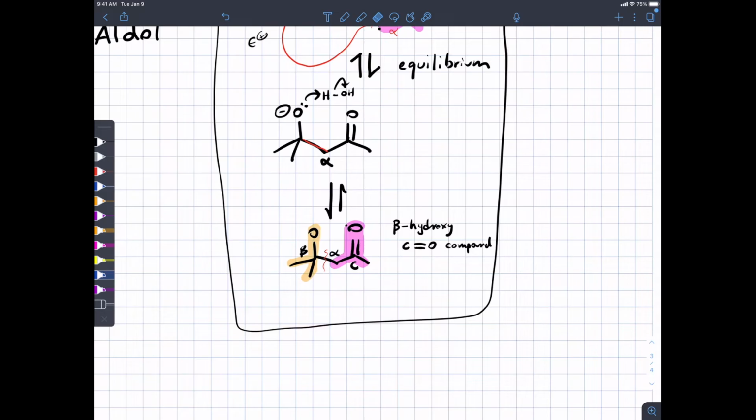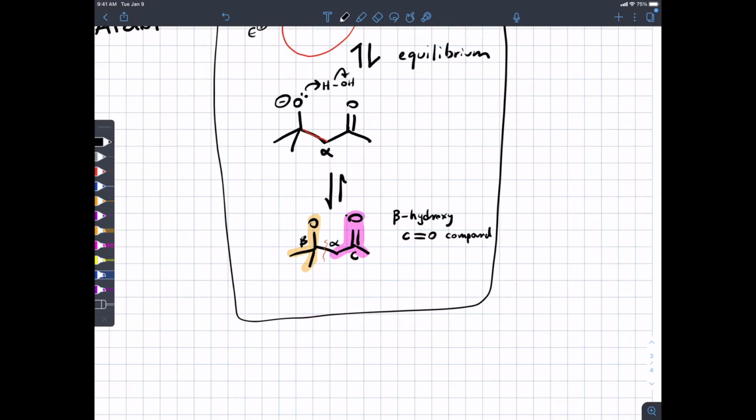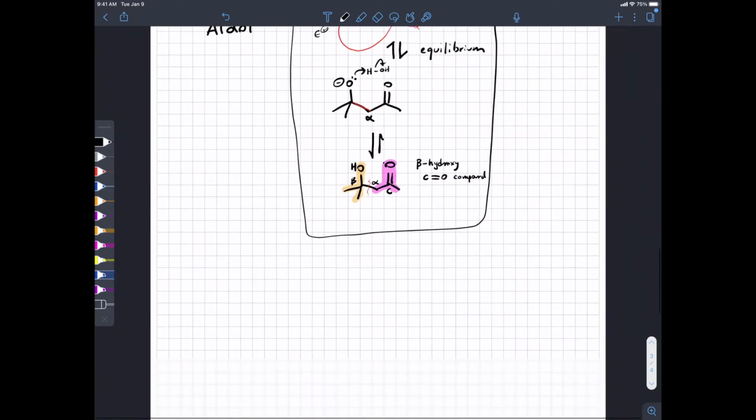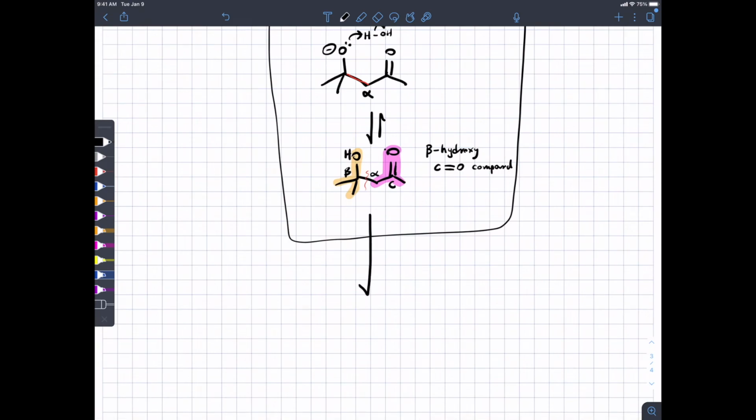Now, one thing you should be aware of is sometimes it's observed that the aldol product goes on to do a dehydration reaction. And the product is an alpha-beta unsaturated carbonyl compound.